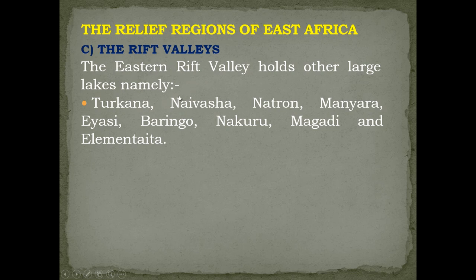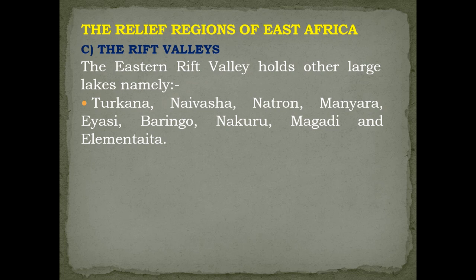When you cross it into Tabora, when you go to Lake Tanganyika, as you're crossing into DRC, you come across the western arm. So never be confused when you are asked about the arms of the Rift Valley. Eastern, it is in the east, western in the west.